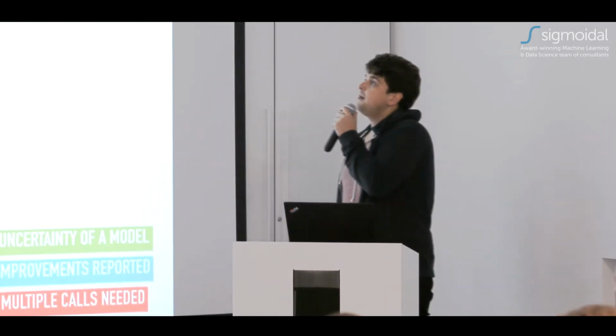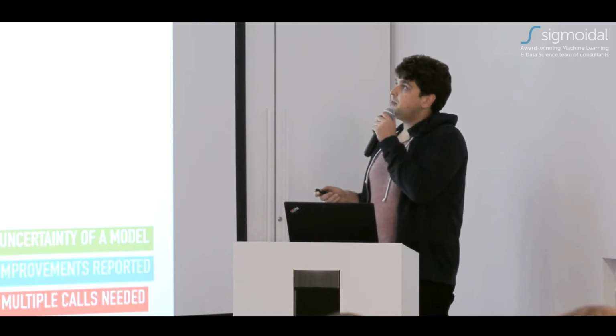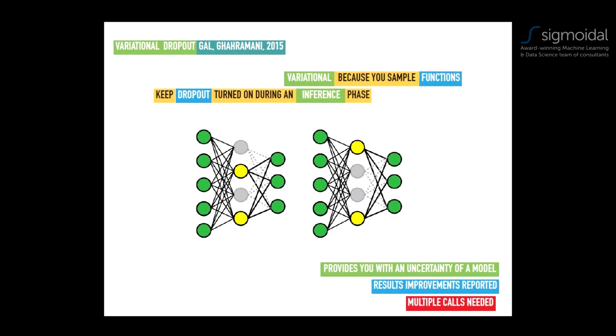So now let me get to variational dropout. This term was first introduced by Gal and Ghahramani in 2015, and just to explain it in a really simple way: how would you introduce variational dropout to your model?